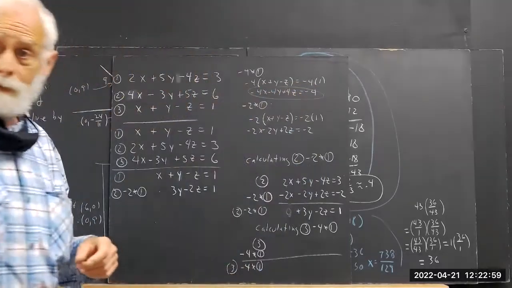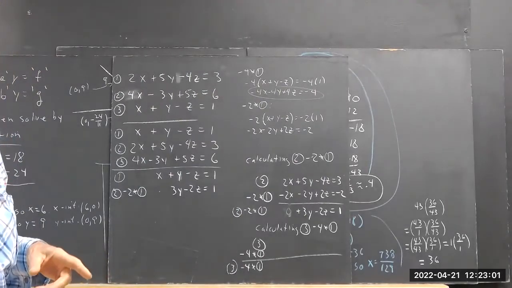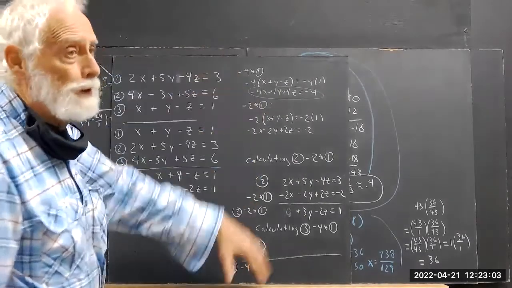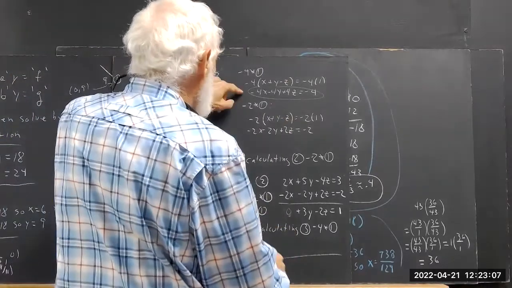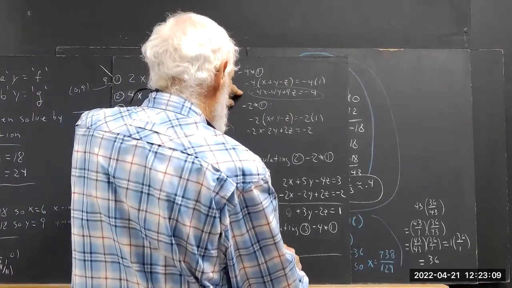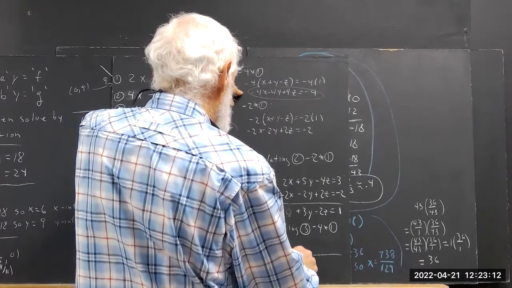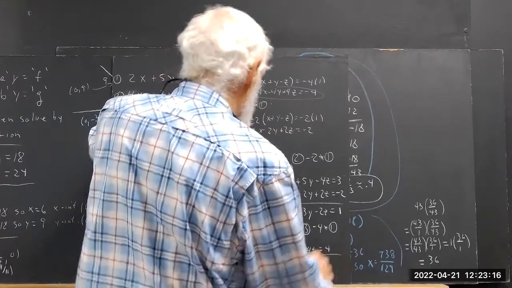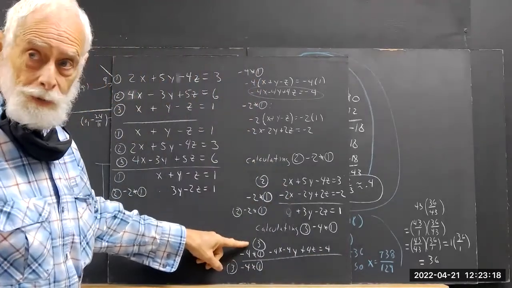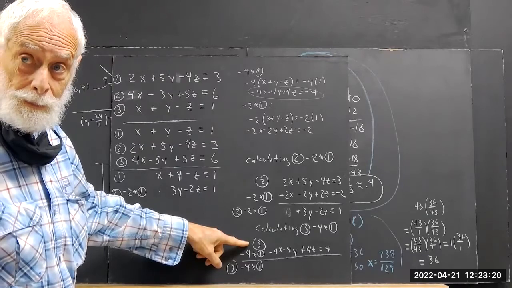So there it is. Okay. Now we can take this, which we did someplace else, and put it into the form of what we need to do here. Negative 4 times equation 1 is negative 4x minus 4y plus 4z equals negative 4. Now we have a space here for equation 3, right?